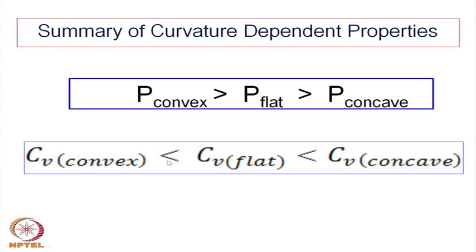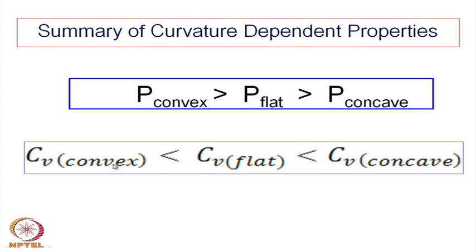So, finally, this is our summary of the curvature dependent properties. This is for the vapor pressure, which we have seen earlier, and this is for the vacancy concentration. You can see the two are in reverse order. Here the convex is more than the flat, and the flat is more than the concave.